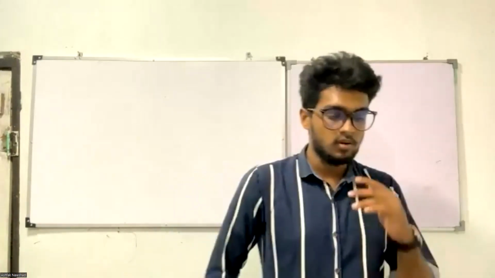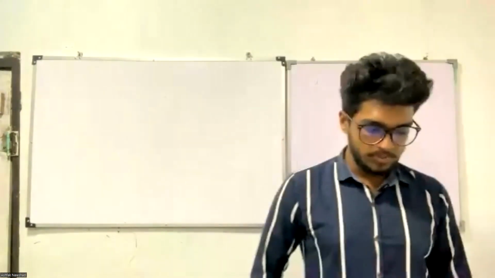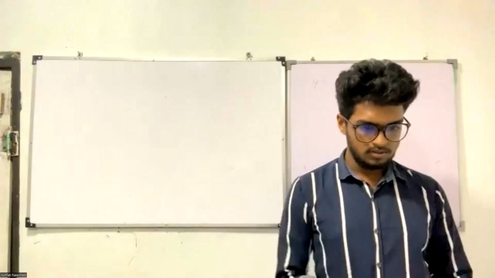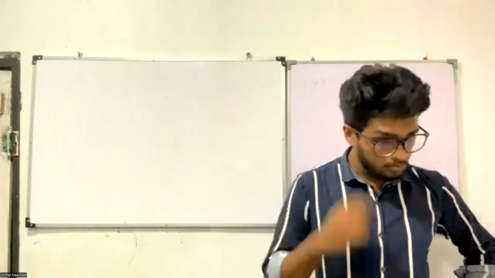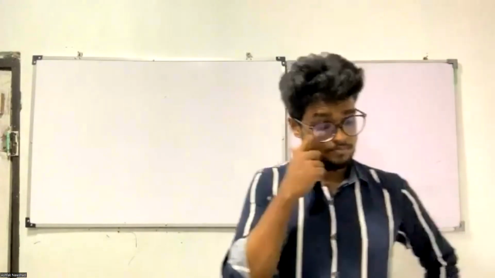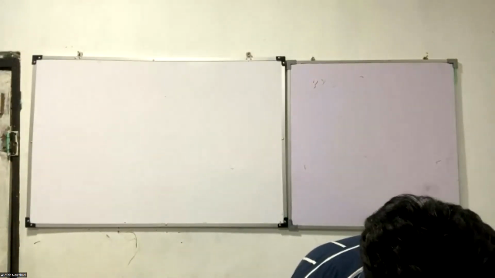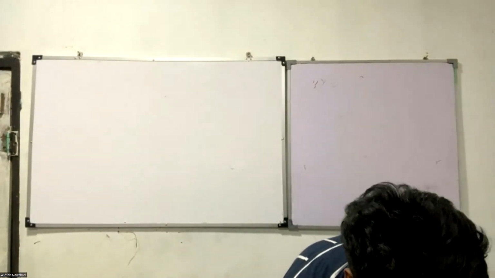Factorization is not important for this session. With the time being, we'll complete the other 2 methods of solving quadratic equations. Are we good to go? Shall we move on? Yes. Let's move on.